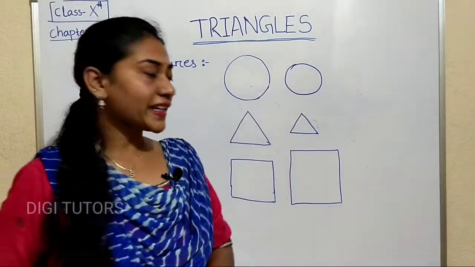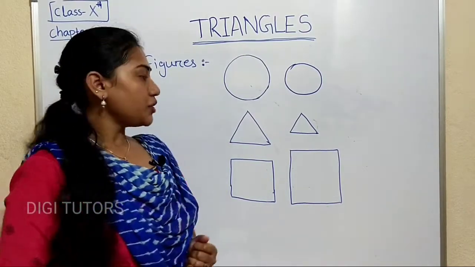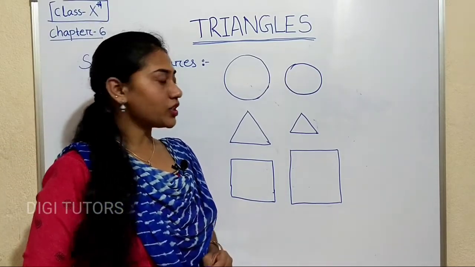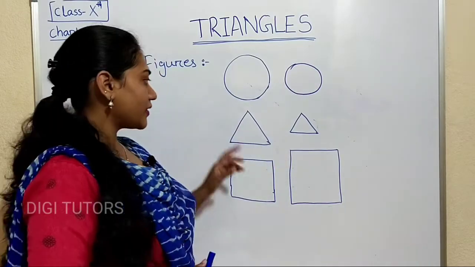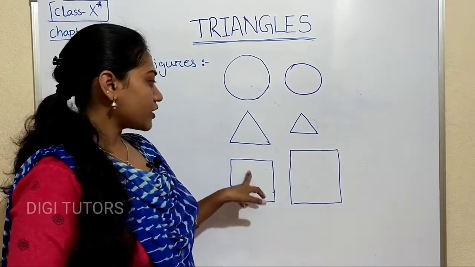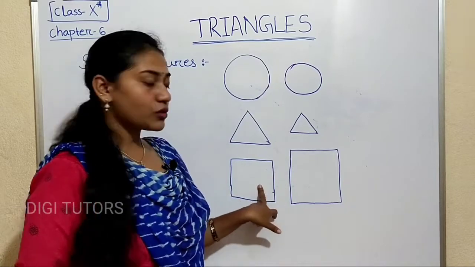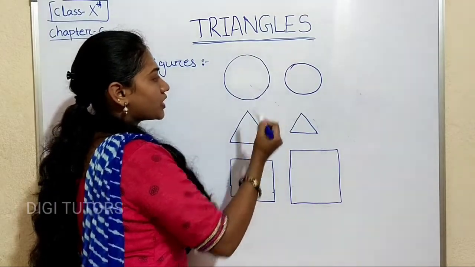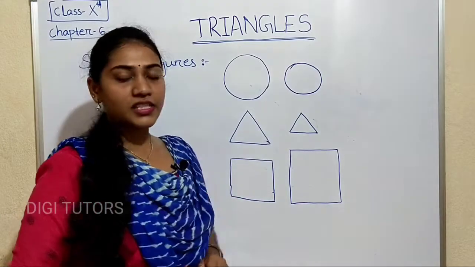Before going to triangles, let's know about some similar figures. Look at these figures. You know two circles are said to be congruent if they have equal radius. Two equilateral triangles are said to be congruent if they have equal side length and equal angles. Just like that, two quadrilaterals are said to be congruent if they have equal side lengths and equal angles. We can't say these two circles are congruent because the radii of these two circles are not equal.